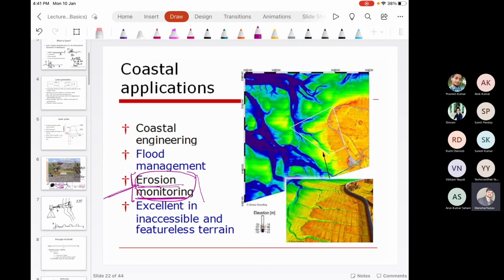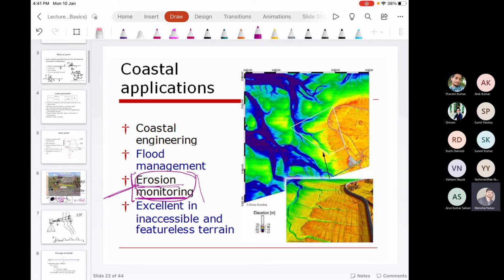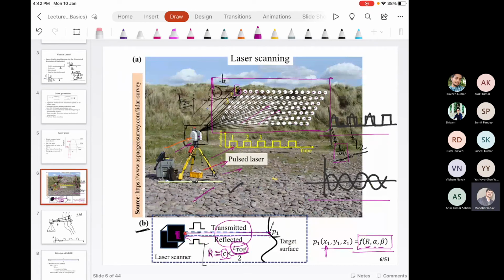Like if you see in this case, in the first slide, I think in the starting, this sixth slide, when you fire the laser pulses, what information are you getting? You are getting a 3D point coordinate. Okay. And if you interpolate all these points, you will get a mathematical surface of this area.